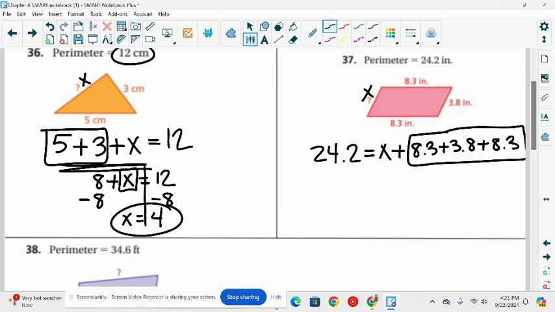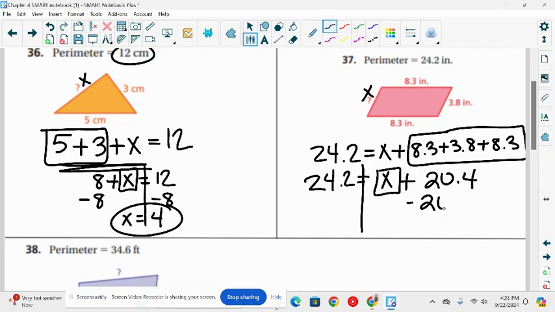I hope you're doing this with me. Gives me 20.4. So to solve for my missing side length, I can chop it, box it, do the opposite. So 24.2 minus 20.4 gives me 3.8 x.